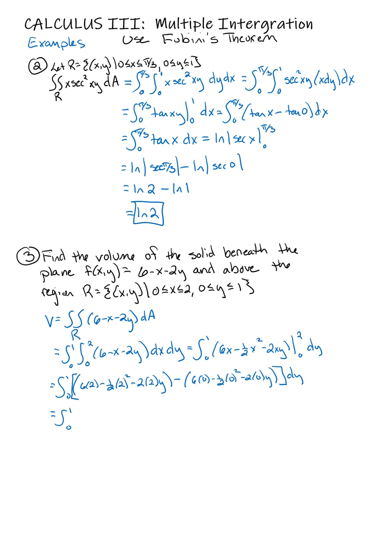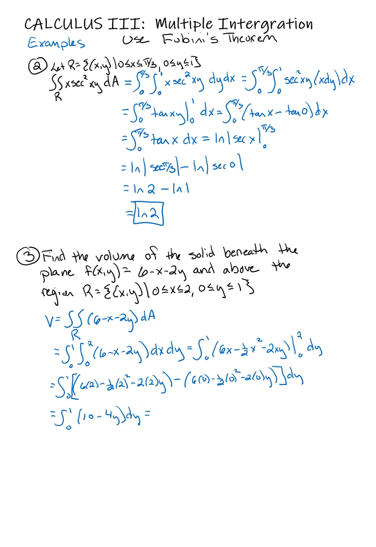All right, if we simplify this, what do we get? That is 10 minus 4y dy.